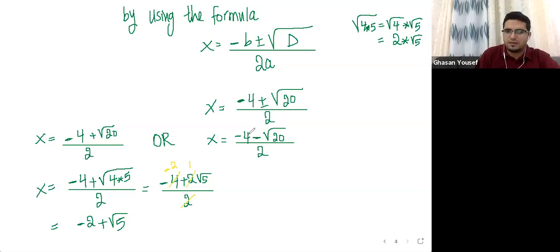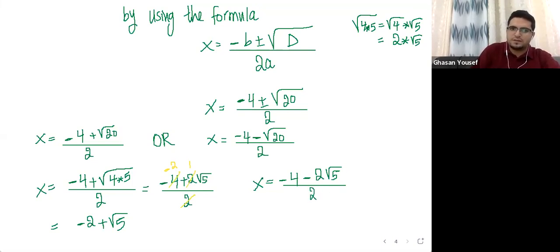And the same thing for the other solution. X equal minus 4 minus the square root of 20, which is the same as 2 square root of 5, divided by 2.